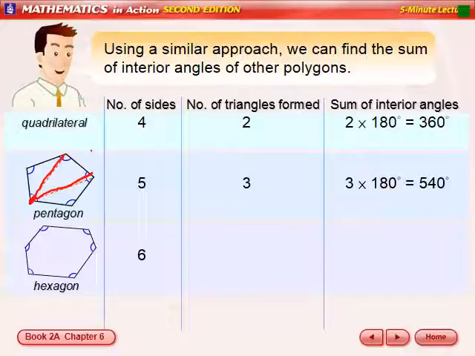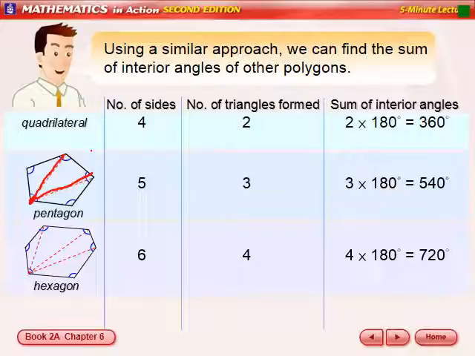And similarly, for the hexagon, the number of sides is equal to 6. And how about the number of triangles formed? Maybe I'll just give you some time to draw the diagonals. Yes, we can form 4 triangles here, and the sum of interior angles would be equal to 4 times 180 degrees, which is 720 degrees.